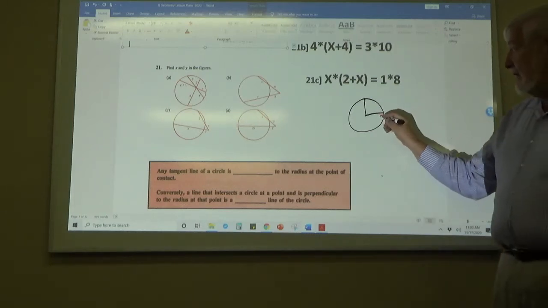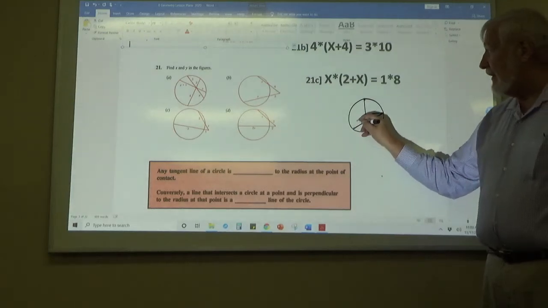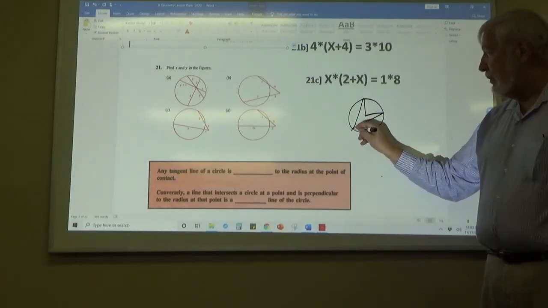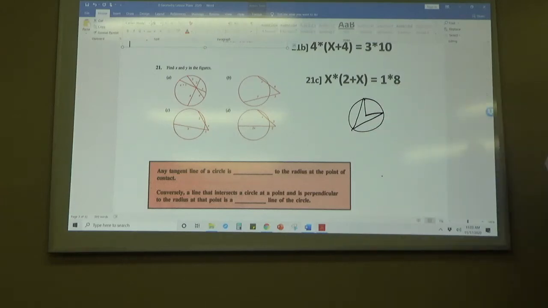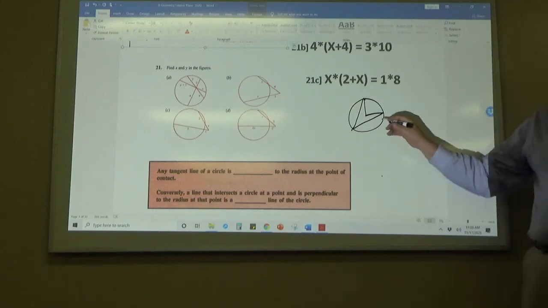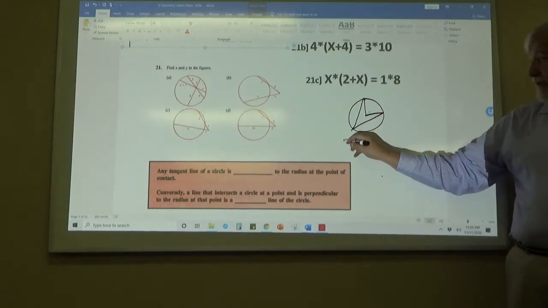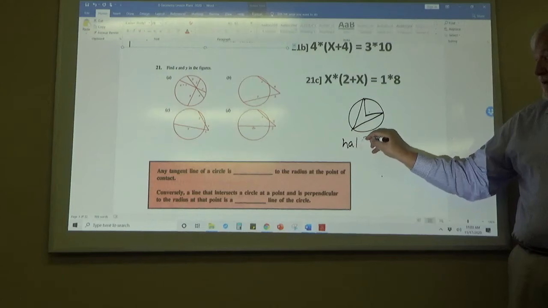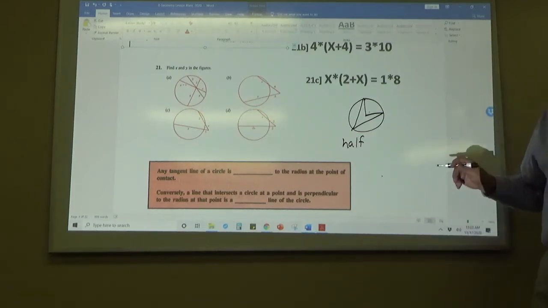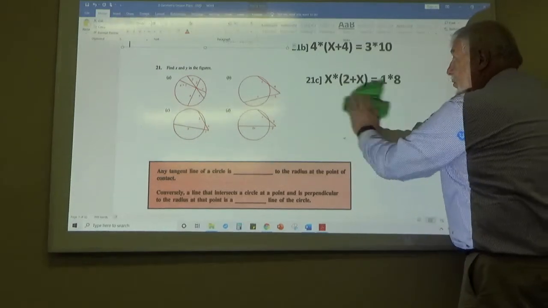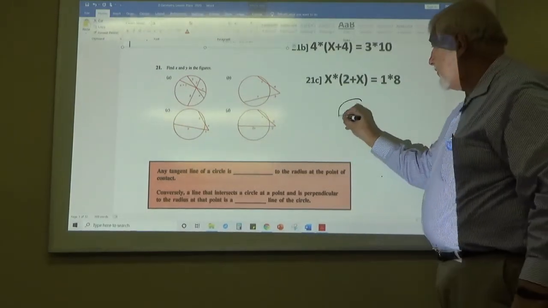So, Chase, if I have an inscribed angle, what do I know about the relation between the arc and the inscribed angle? All right. This one's equal, and this one is half. All right. Now, so now we're going to talk about chords that are going through.